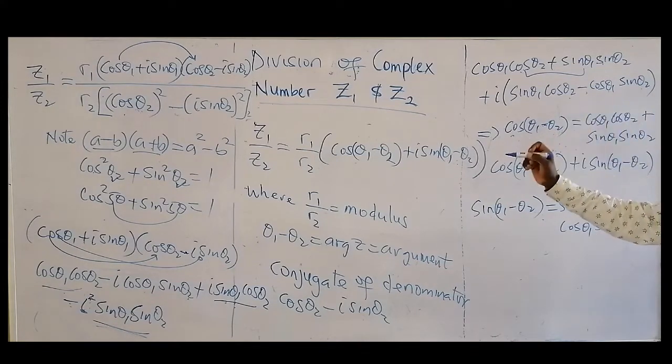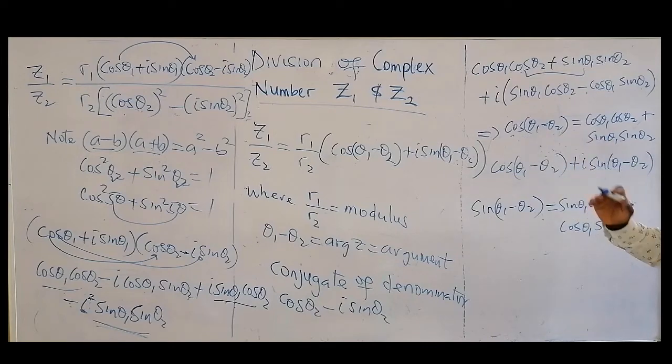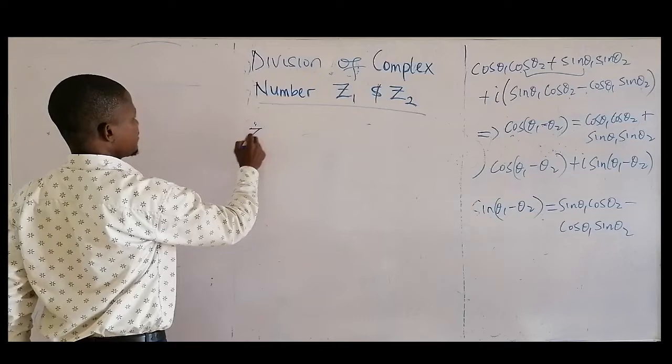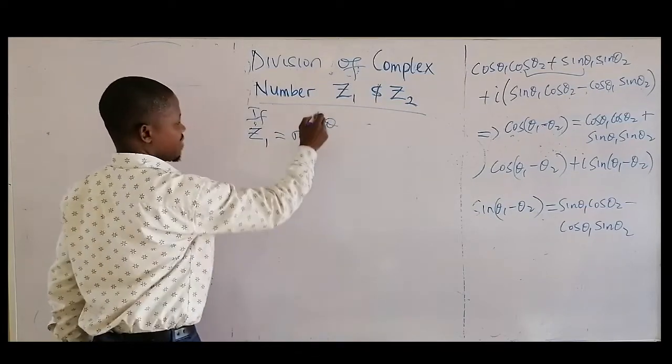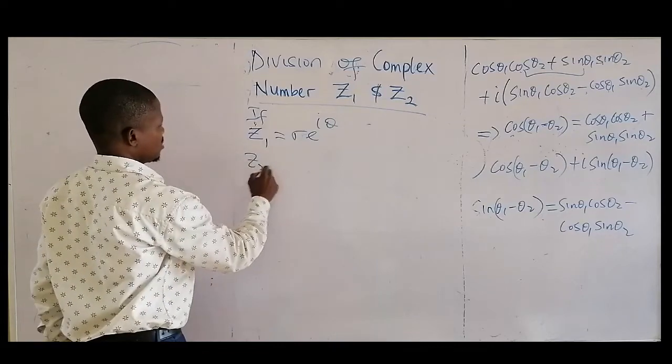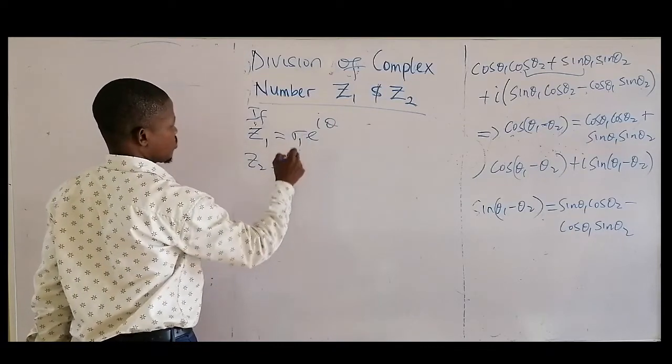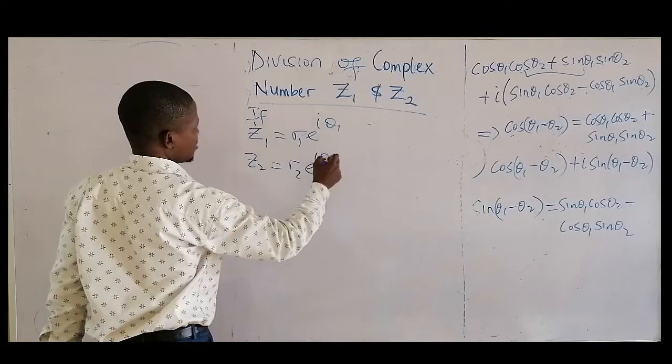So let's quickly go to the multiplication of two complex numbers in exponential form. If z1 is in this exponential form and z2 is this, let's call these r1 and r2, and these theta 1 and theta 2.